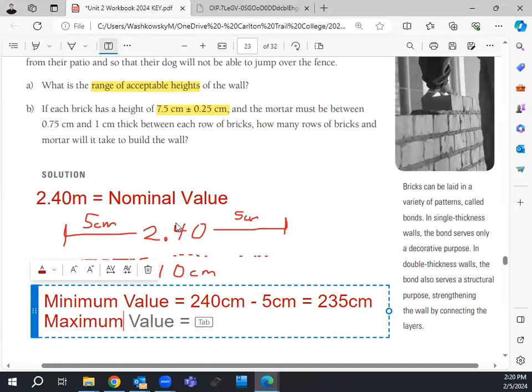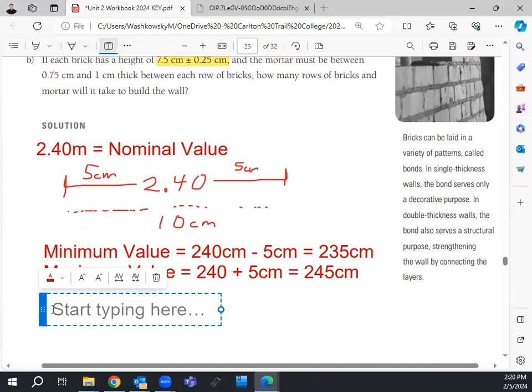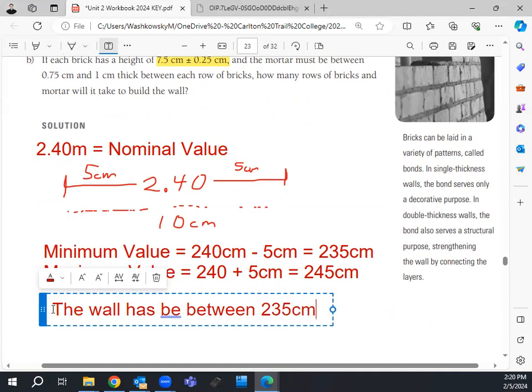And the maximum value, just the same thing. Well, I know it can also be 5 centimeters bigger. So 245 centimeters. So I now have my ranges here. So the wall has to be between 235 centimeters to 245 centimeters.